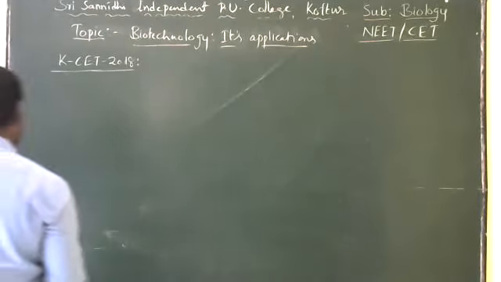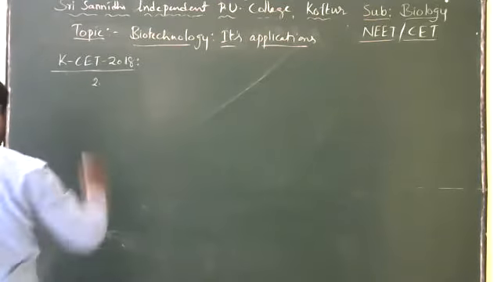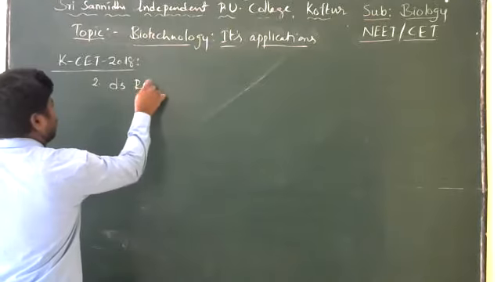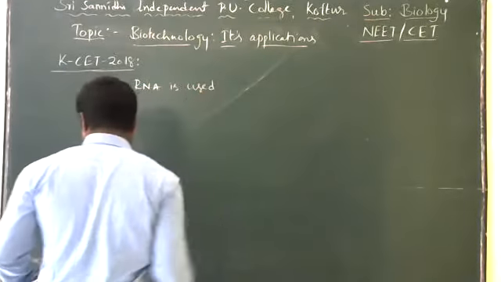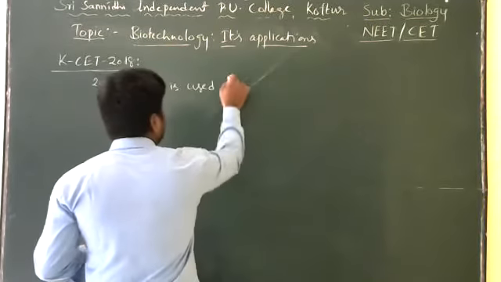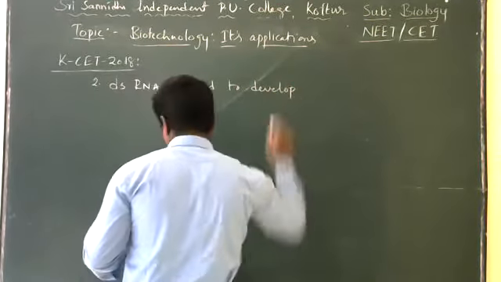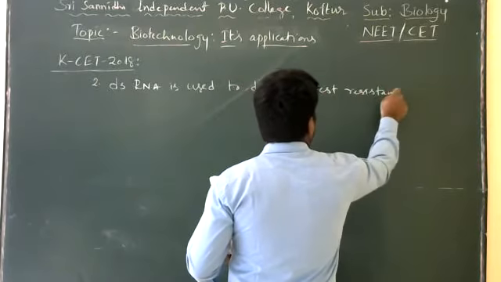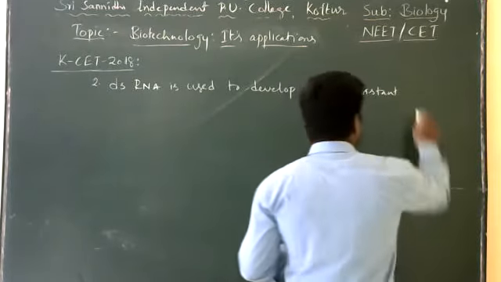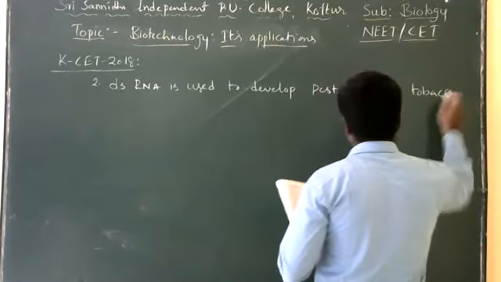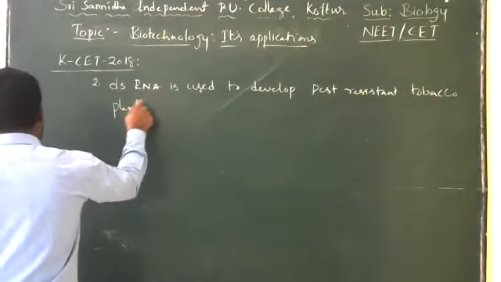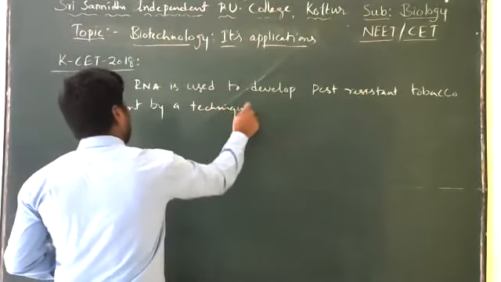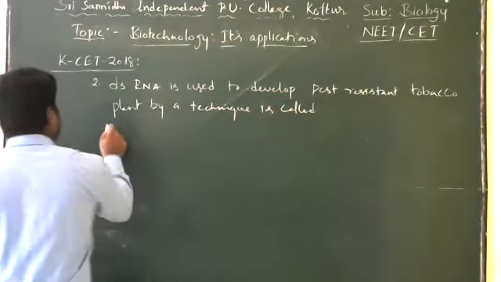The second question: double-stranded RNA is used to develop pest-resistant tobacco plant by a technique called. So what do we call the technique? You will see the options.